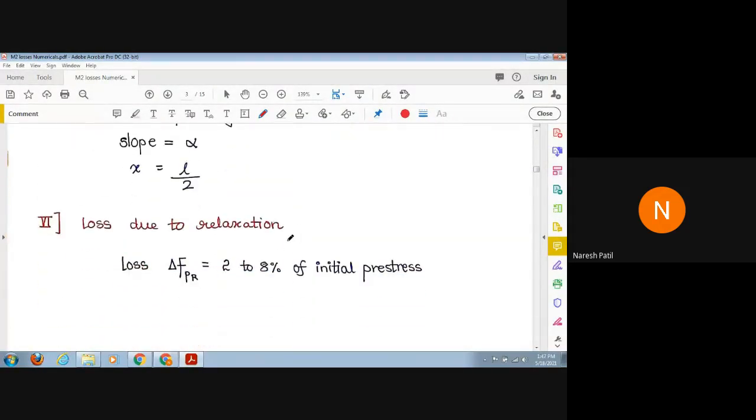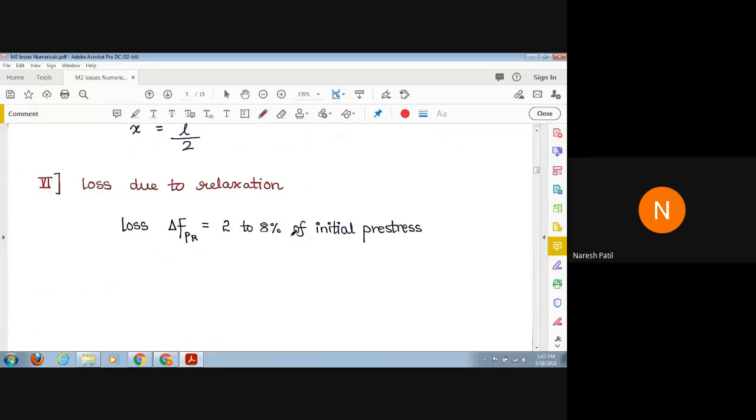Then we have loss due to relaxation. So this will be given. There will be a loss of 8%. So you can easily find out, suppose the pre-stress is 100 Newton per mm square, and it is mentioned that there is a loss of 10% due to relaxation. So what will be the loss?